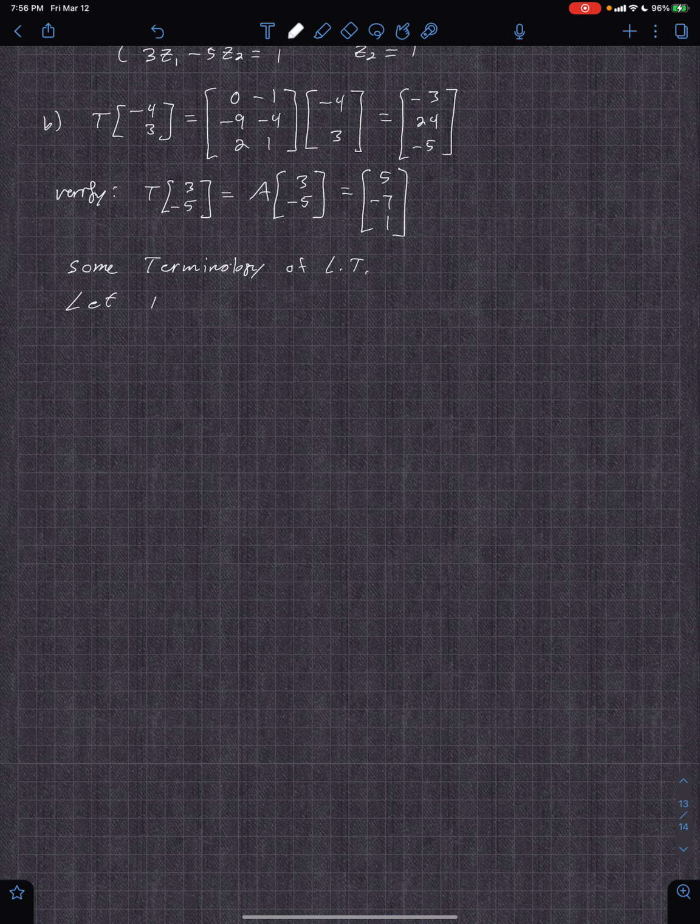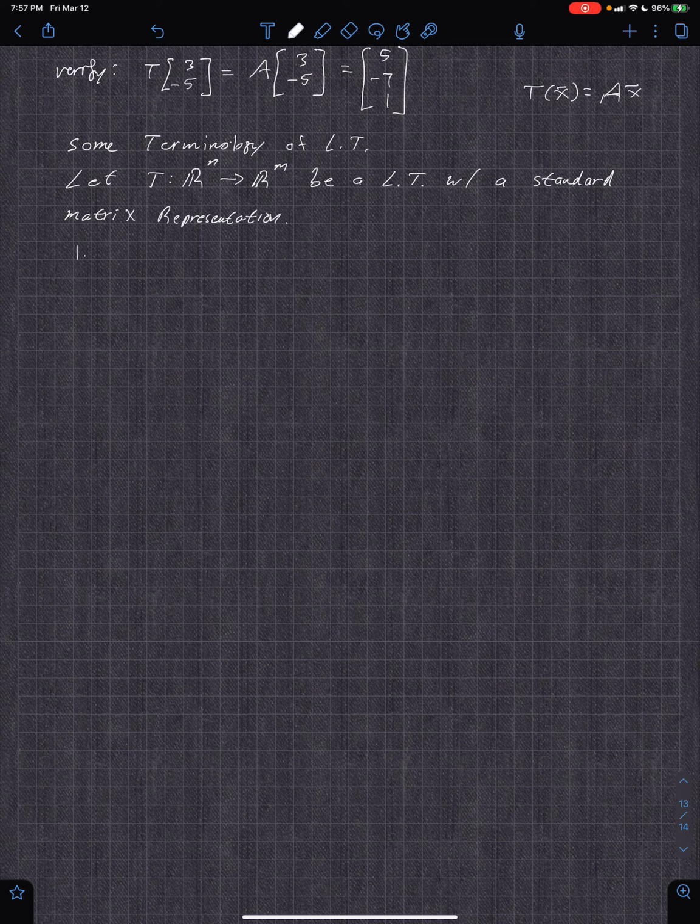Let T be a transformation from Rn to Rm, be a linear transformation. And then you call it with a standard matrix representation. Just like above, right? So you have T of x is equal to Ax.